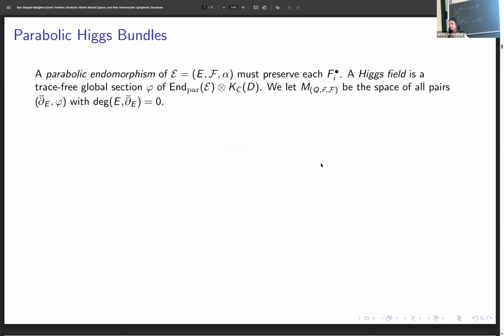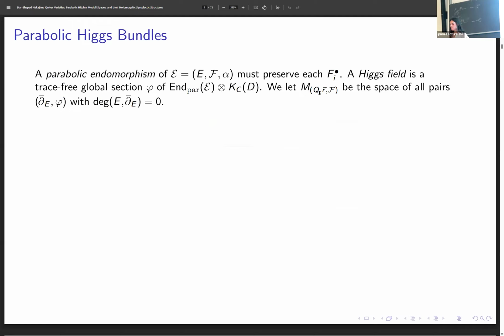A parabolic endomorphism of a parabolic bundle is just an endomorphism where, when you restrict to the fibers, it must preserve the filtration. And a Higgs field is a section of the sheaf of parabolic endomorphisms tensor the twisted canonical bundle. So I allow order 1 poles on the divisor points.